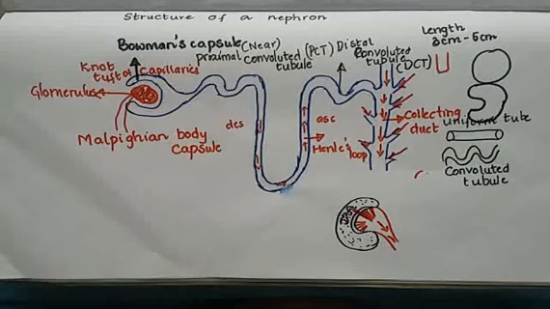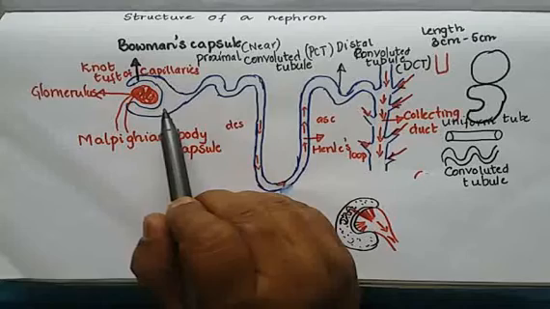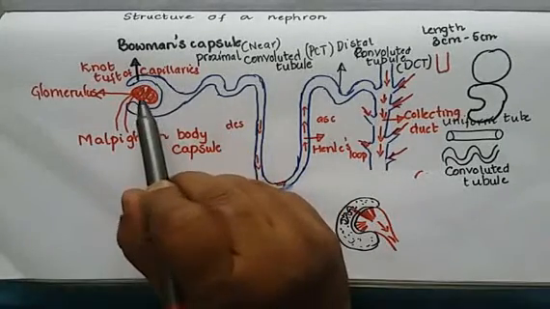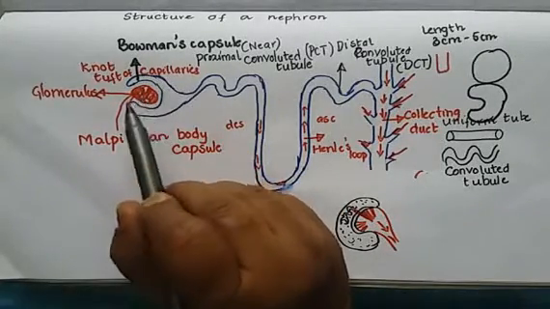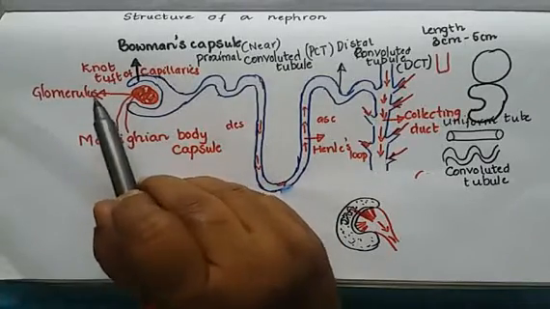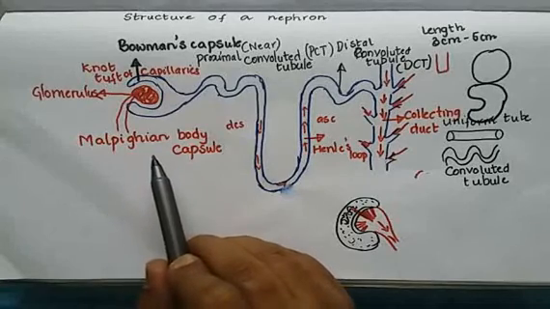So let us quickly recall the structure of a nephron. Yes, a nephron comprises a cup-like structure known as a Bowman's capsule, which encloses a tuft of capillaries known as a glomerulus. The glomerulus along with the Bowman's capsule is known as a Malpighian body.